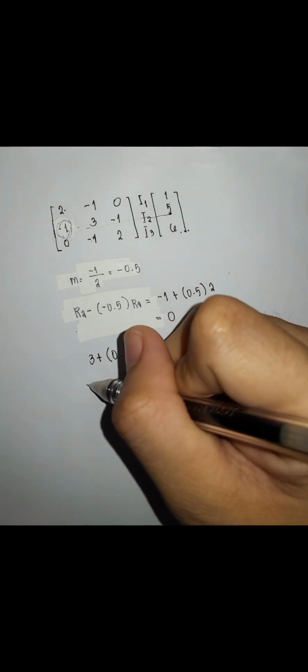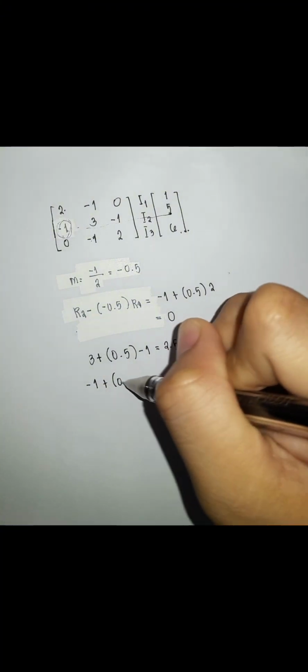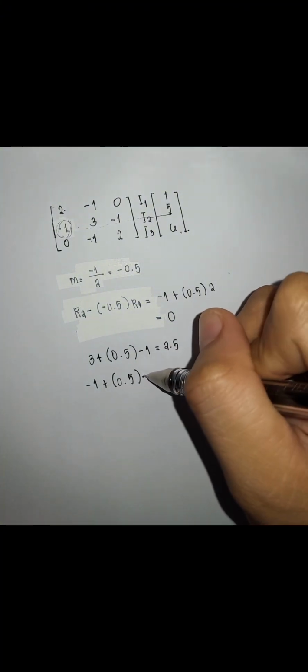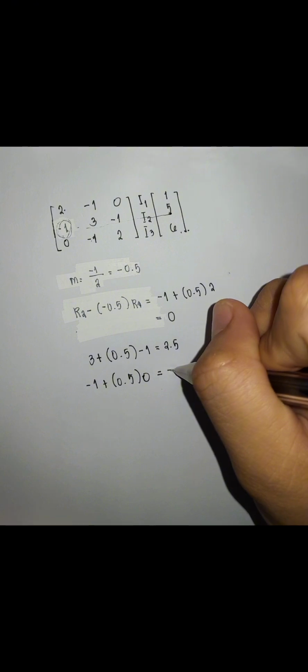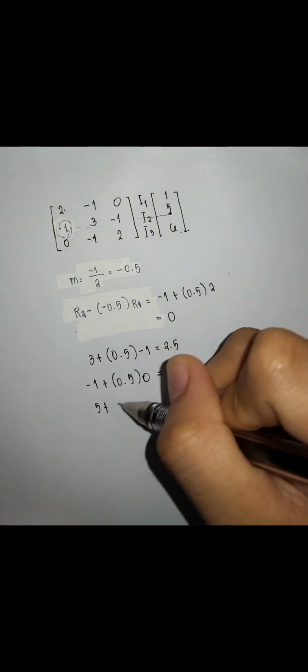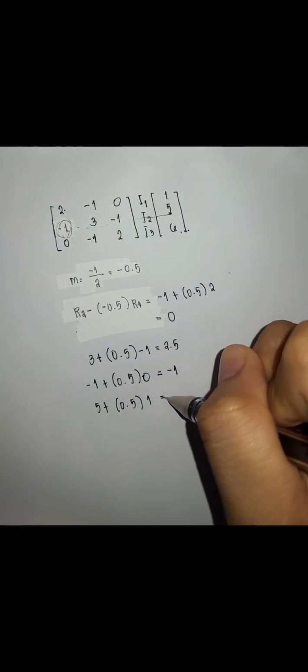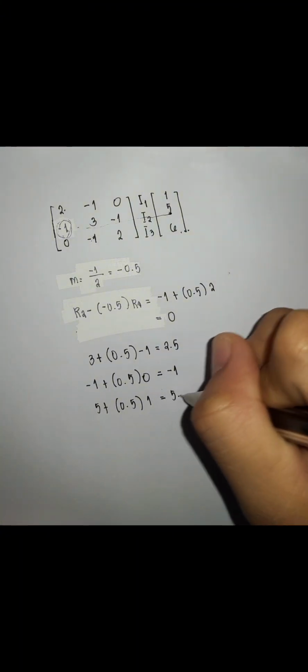Then negative 1 plus 0.5 times 0 is equal to negative 1. Then 5 plus 0.5 times 1 is equal to 5.5. So we have now our new matrix.